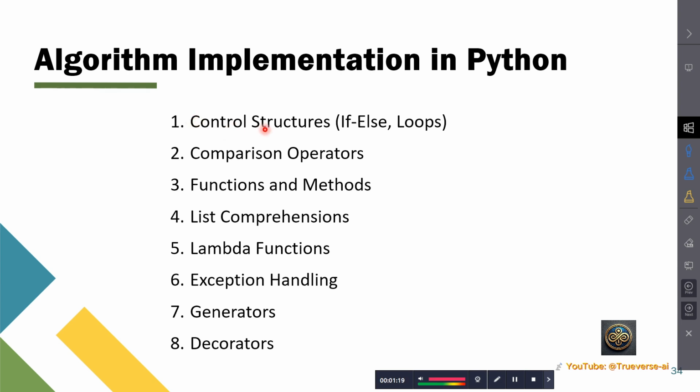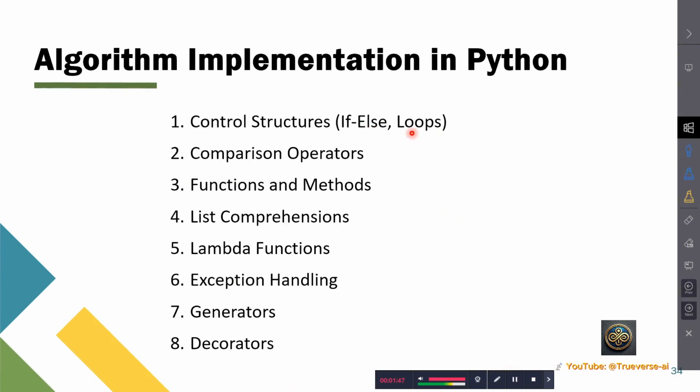Yes, any control structure like if else and loops. We have many sorts of loops, like the while loop. We will discuss that when we come to the loop, and you will see how many sorts of loops we have.